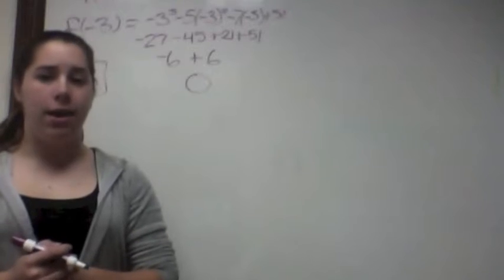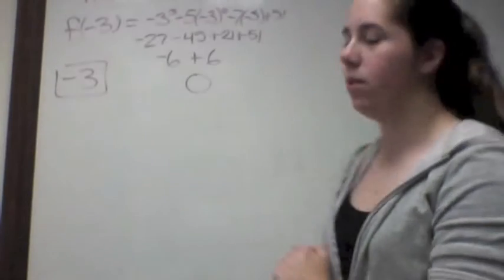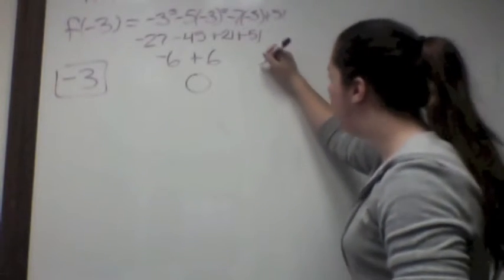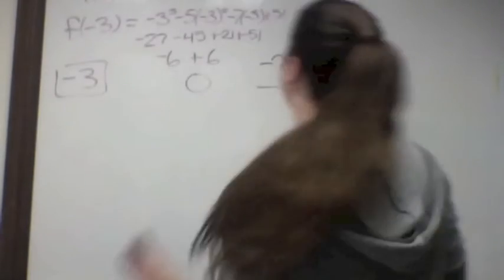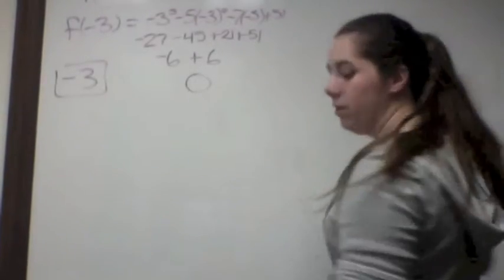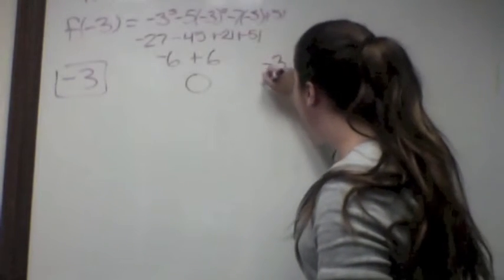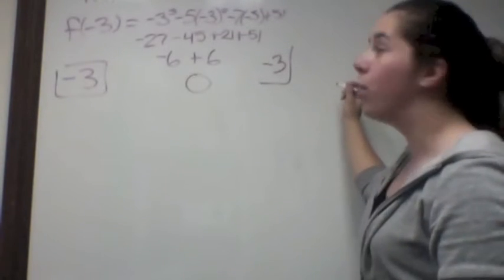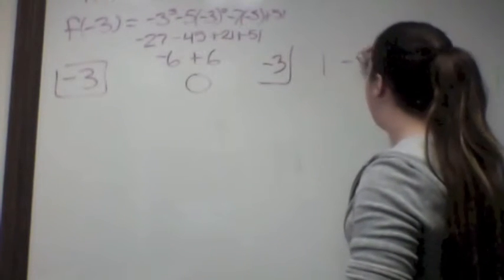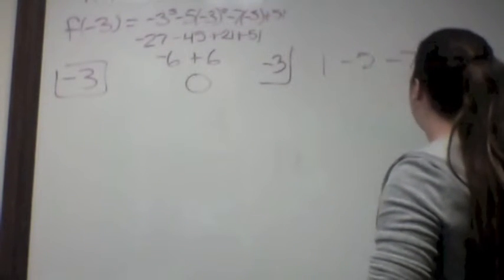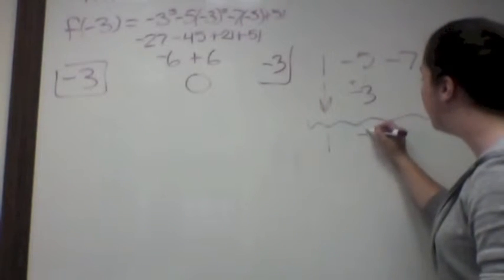Next, we're going to use synthetic division. To start, we're going to put negative 3 in the corner, and we're going to write down all the constants: 1, negative 5, negative 7, and 51. 1 times negative 3 plus negative 5 is negative 8.